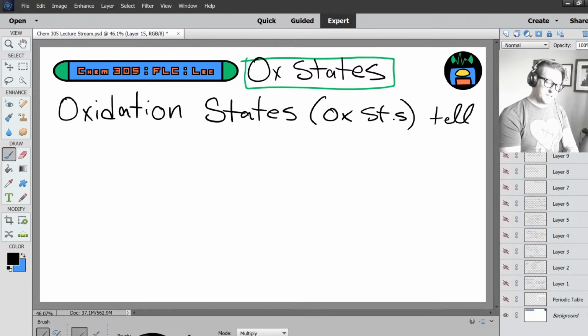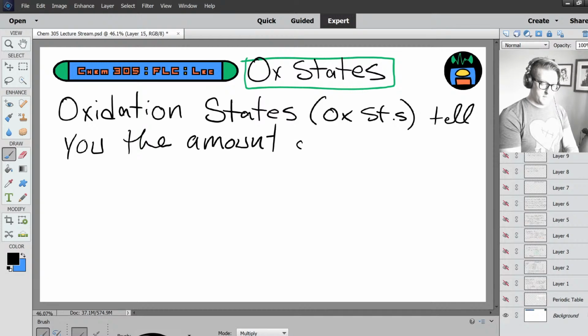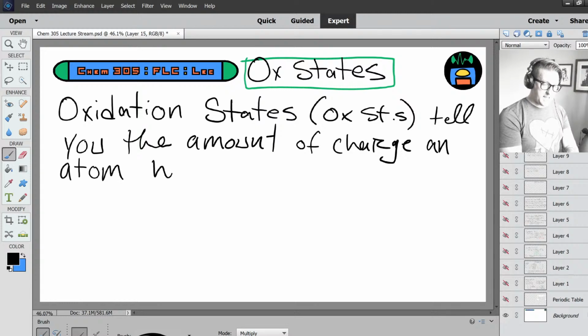Oxidation states tell you the amount of charge an atom has in a compound.